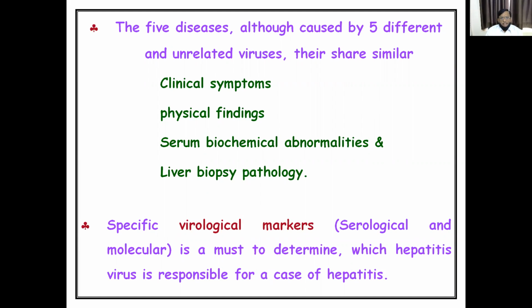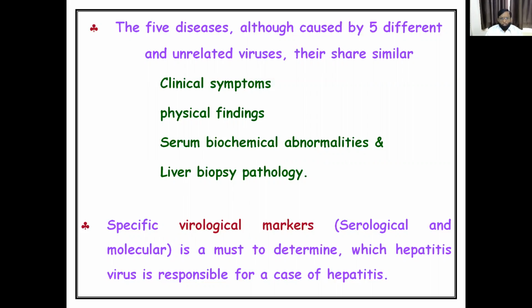These 5 diseases A, B, C, D, E, although caused by 5 different and unrelated viruses, share similar clinical symptoms, physical findings, serum biochemical abnormalities, and liver biopsy pathology.